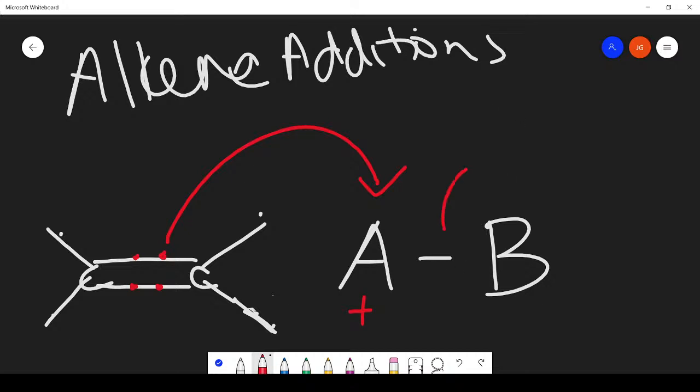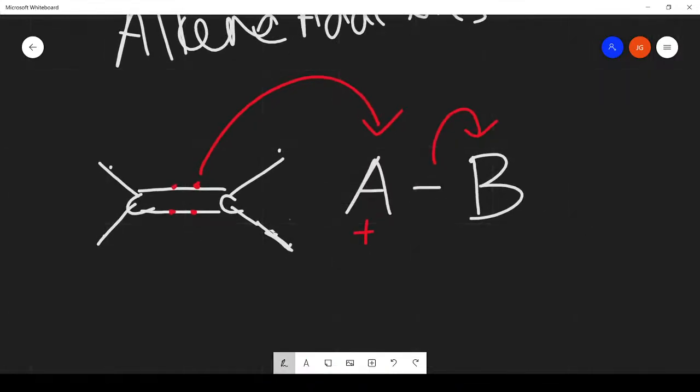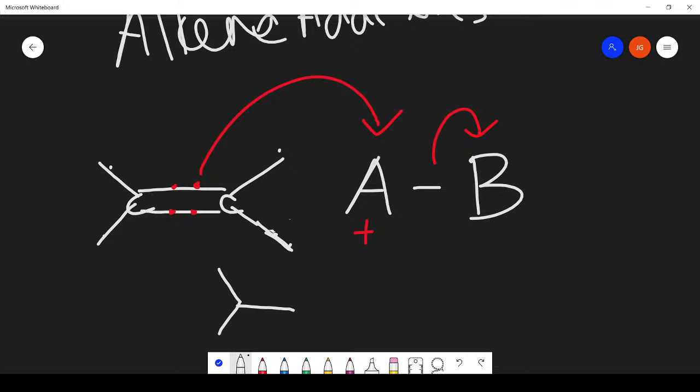This bond will move here, give a lone pair to B, and what you're going to end up with is A here, B here, and remember that B has two lone pairs.